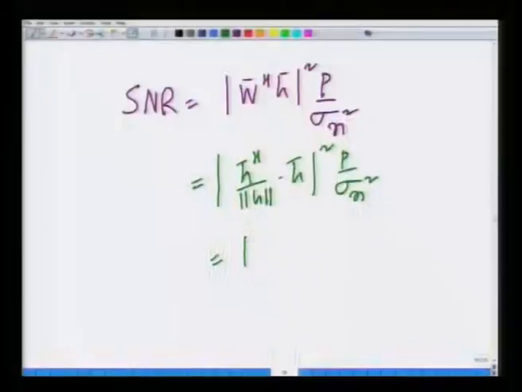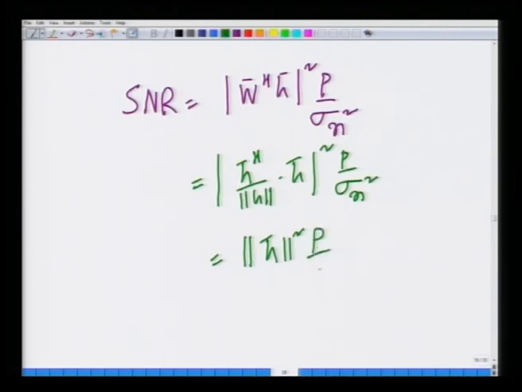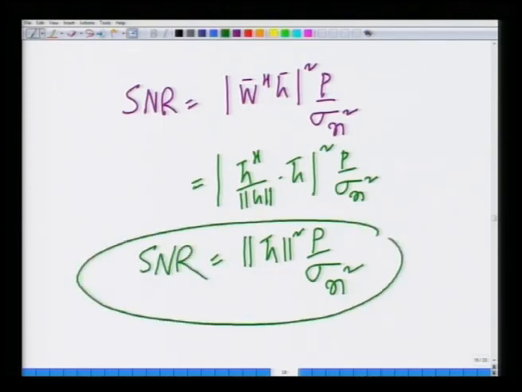So, this is again there is a square outside. So, this is nothing but norm h square times P over sigma n square. So, this is the SNR. The SNR is nothing but magnitude of h square into P over sigma n square. We said this is the maximum SNR that is possible at the output of the receiver.